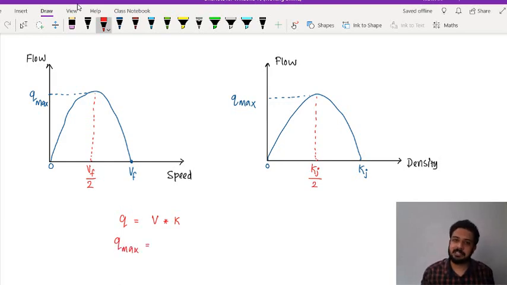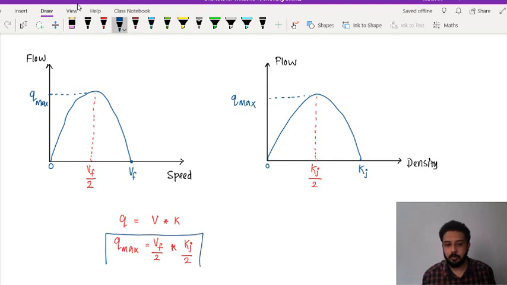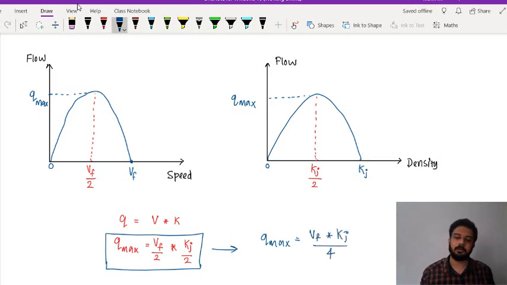If we want to calculate the maximum value of flow, it is whenever this V becomes Vf by 2 and this K becomes Kj by 2. Right? So we are getting a very important equation here. Q max will be equal to Vf by 2 into Kj by 2. We can also write this equation as Q max is equal to Vf into Kj divided by 4.